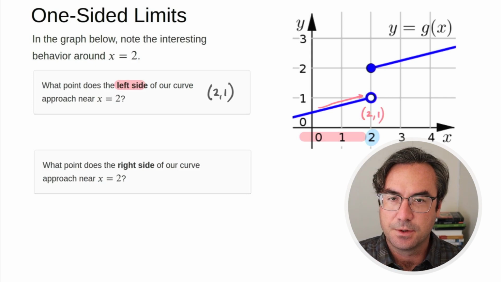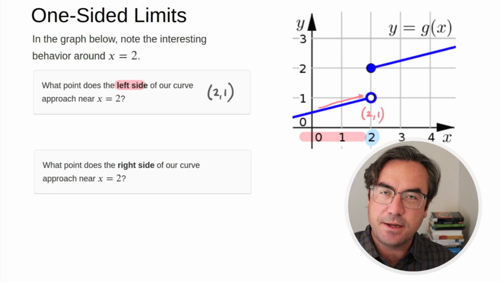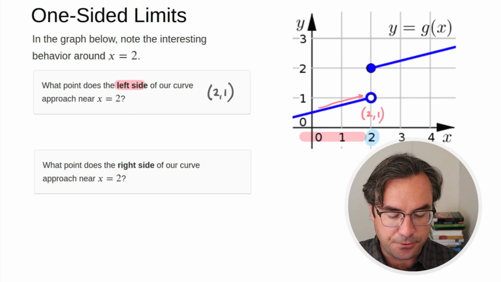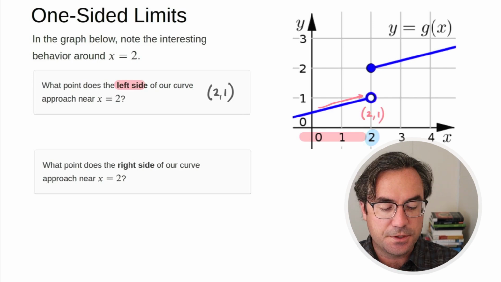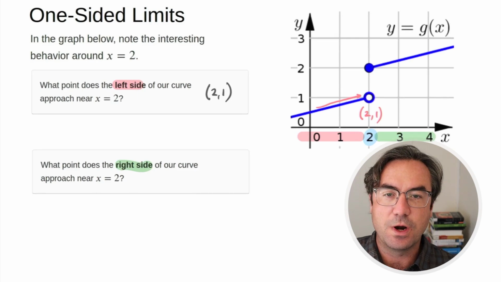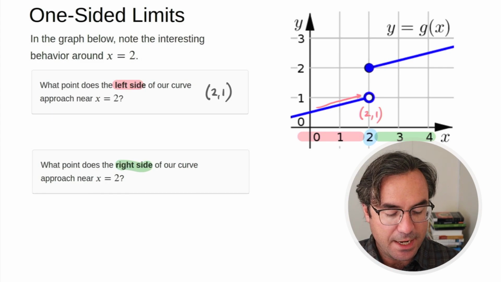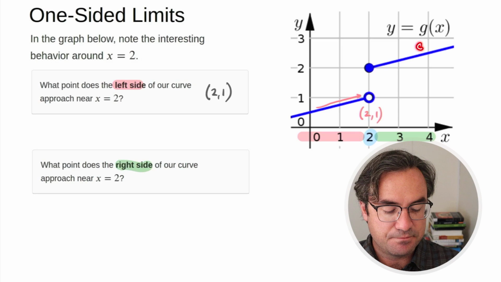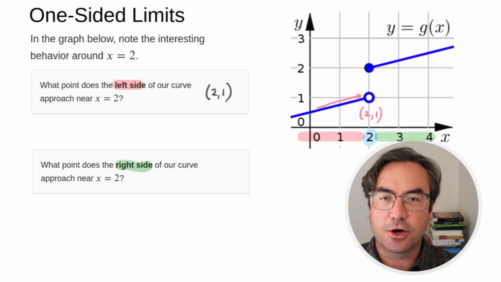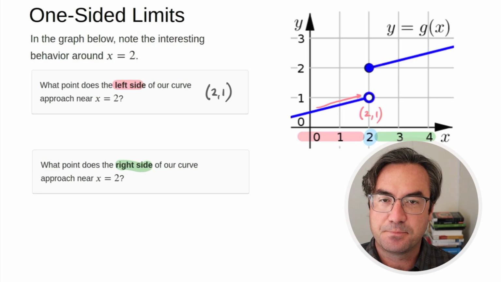Okay. So what about the right side? Again, we're interested in what's going on right around x equals 2, but now we're going to move over to the right side. So now we're in this realm over here. And again, we want to imagine walking on our curve and seeing where this path takes us.